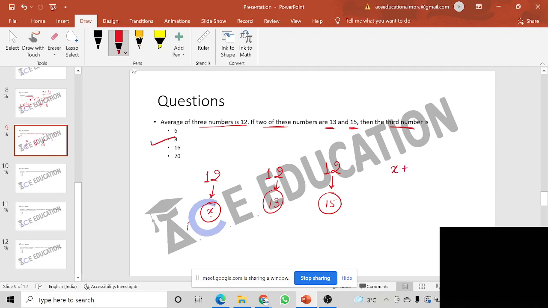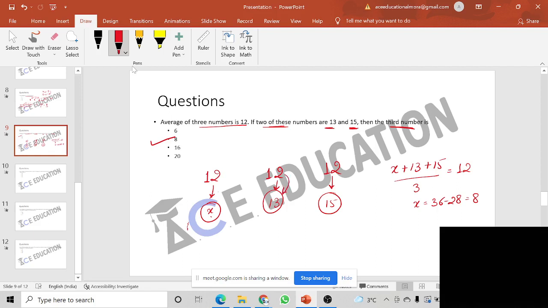We used to do x plus 13 plus 15 divided by total numbers would be 12, and then solve this equation for x. This is one of the methods. Since this is a small and easy question, this method looks really easy because you have been doing it for a longer period of time. The alternate method that I'm suggesting is we use the concept that the mean is 12.